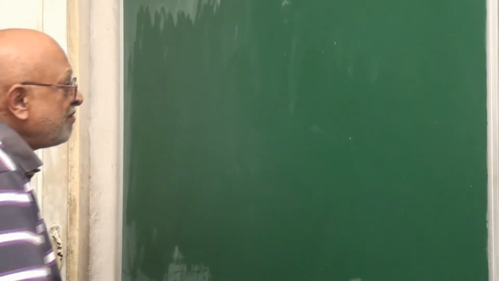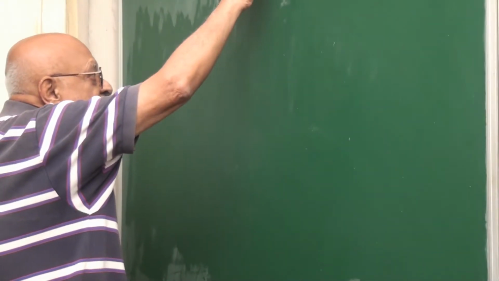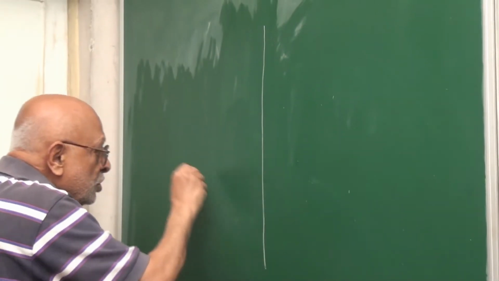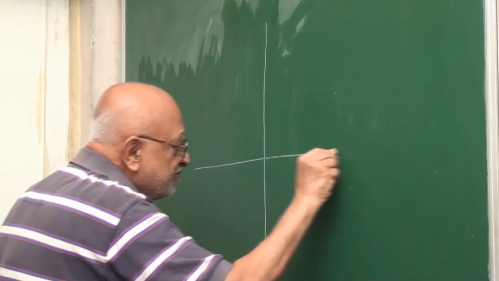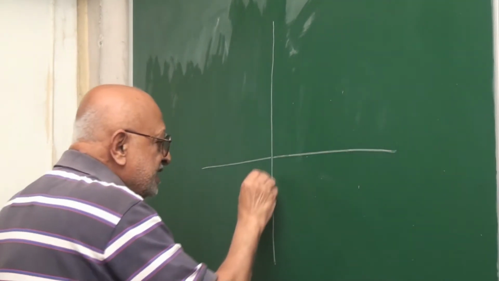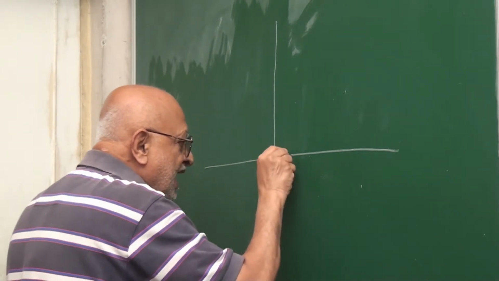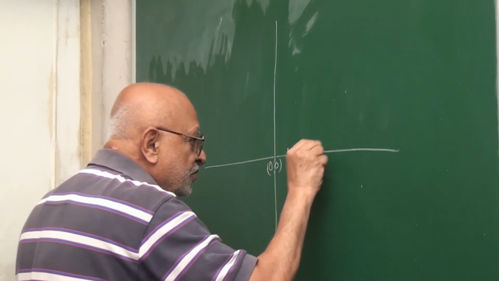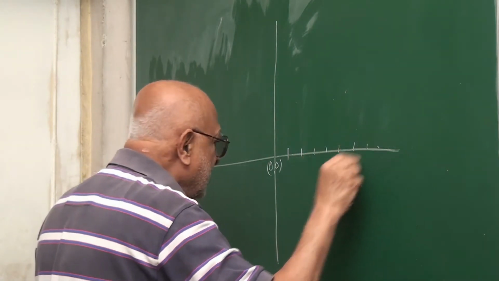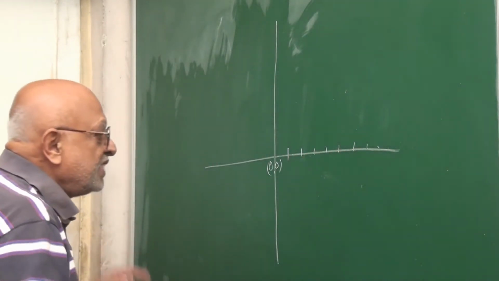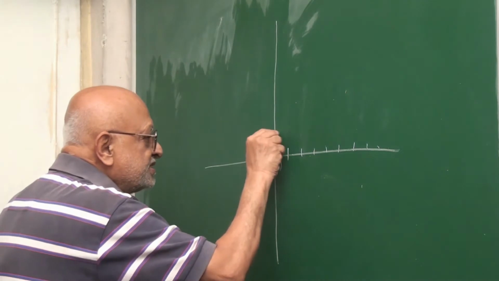I now have two lines which are perpendicular to each other. This crosses here, I call it (0, 0), and then it is divided on both sides like we do on the number line, with the same properties as the number line.